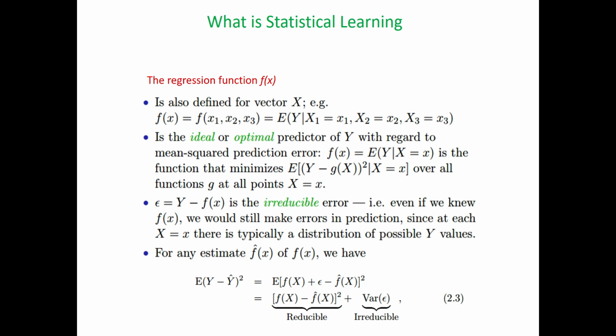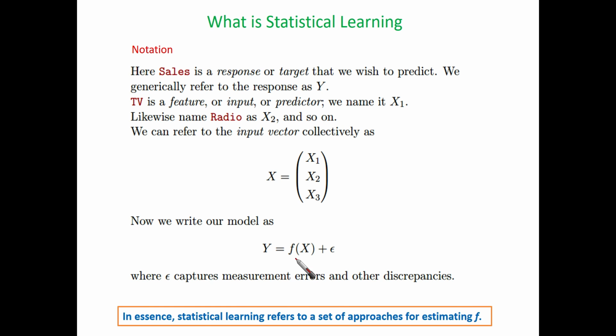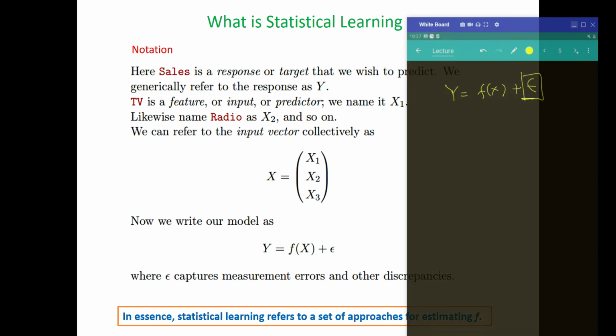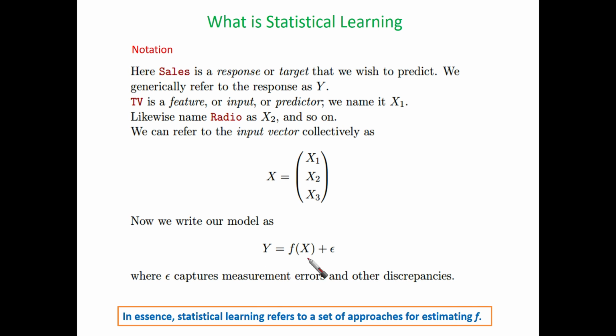Now I'd like to say something else. Ultimately you see that our relation was y equals f of x plus some error term. Definitely this error is a random error, right? You don't know it. So generally you assume a function like f of x plus epsilon.